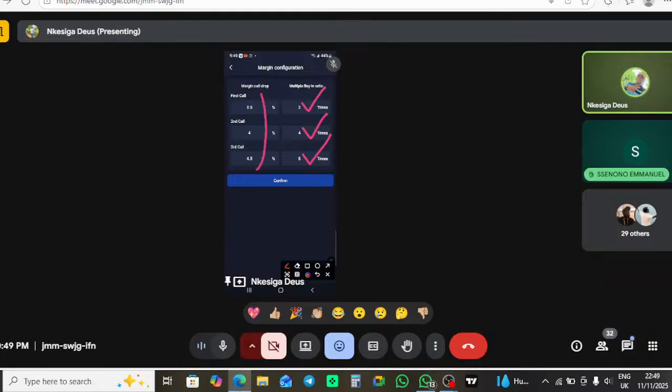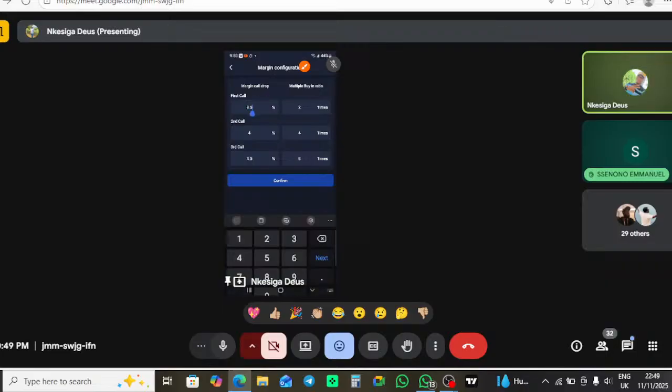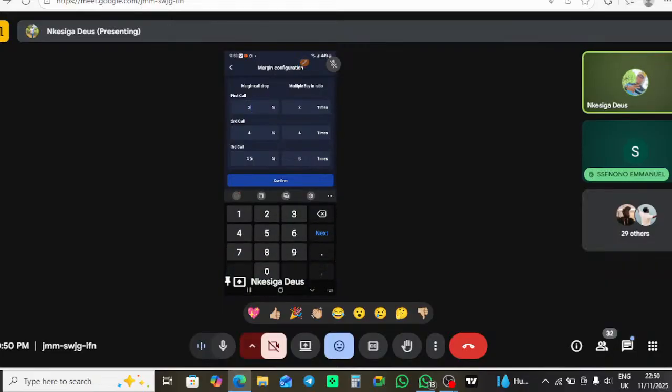Then drop here. It must be covering 10%. When you add this one plus this, that is 8. 8 plus 4, that is 12. No, me, I want only 10. Now I'm going to remove 2. I'll make this one 3 and this one 4.